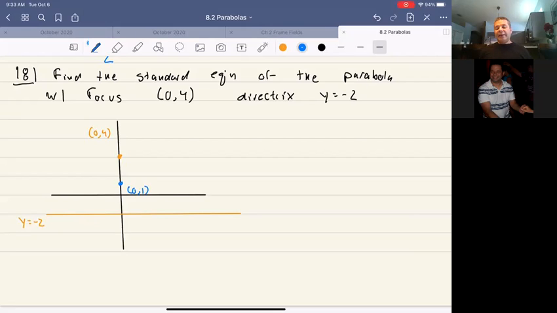Now if we want to draw this, we're not going to draw it down this way, because you don't go through the vertex, you go away from the vertex around the focus. So there's the parabola, the drawing of it. Now we've got to find the equation. This has moved things.